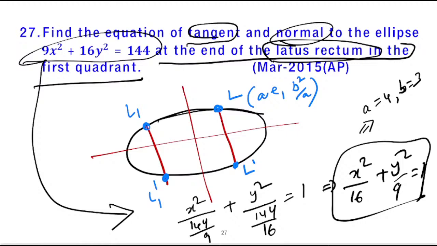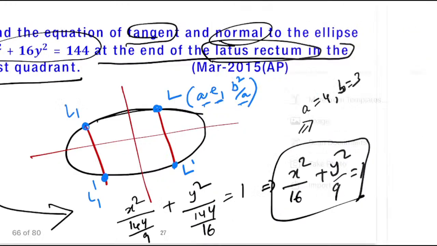So in the formula you have a, e and b, so e you have to get. How to get eccentricity? This is a 2 marks IPE question. Remember this formula: e is under root of a square minus b square by a square.